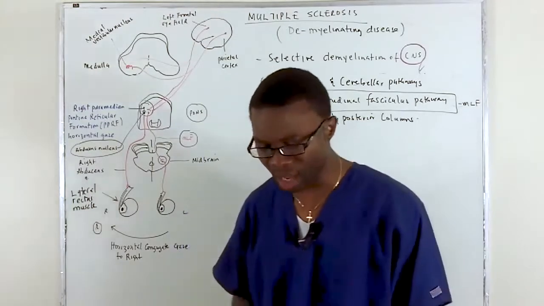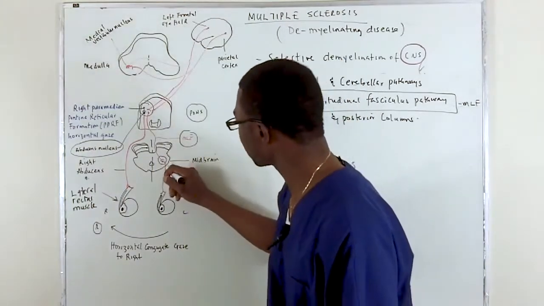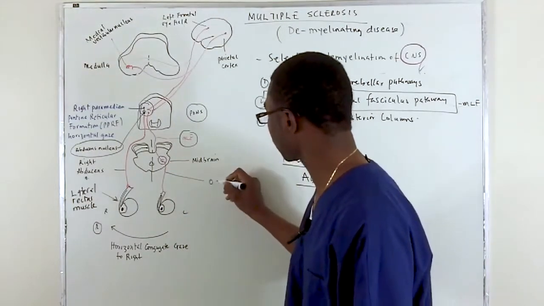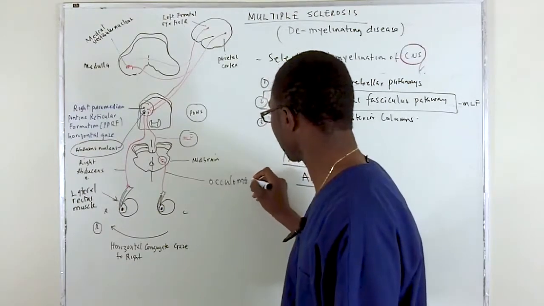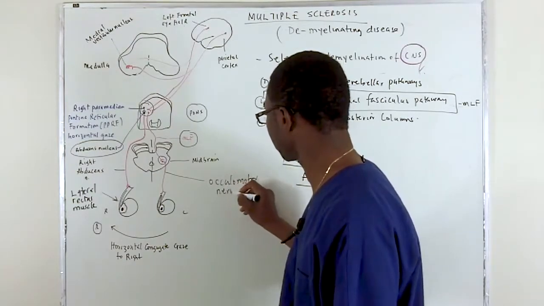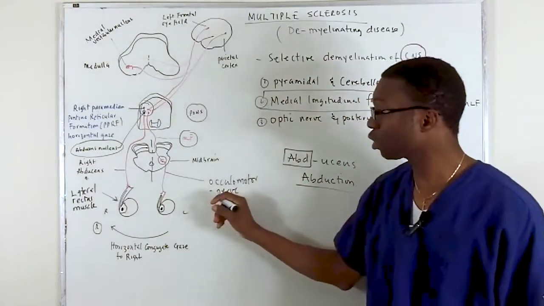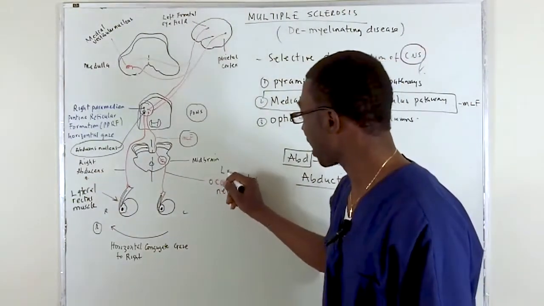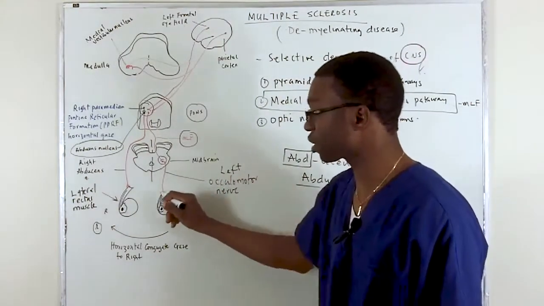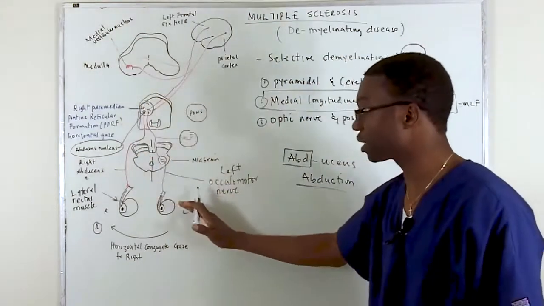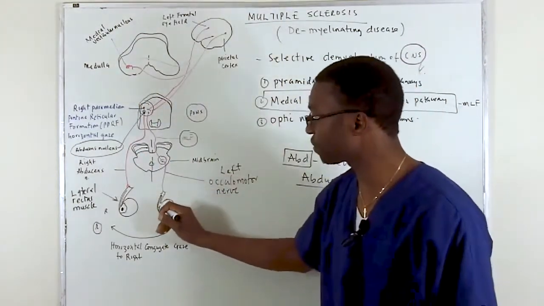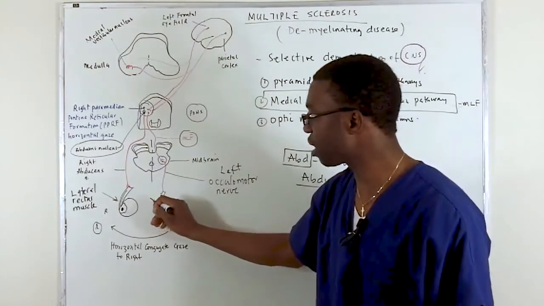Wait a minute, the oculomotor nerve? Well, this is the oculomotor nerve, which is going to be the left oculomotor nerve, because now we're talking about the left side. Remember, we already crossed over to the left. The left oculomotor nerve is going to activate this muscle.